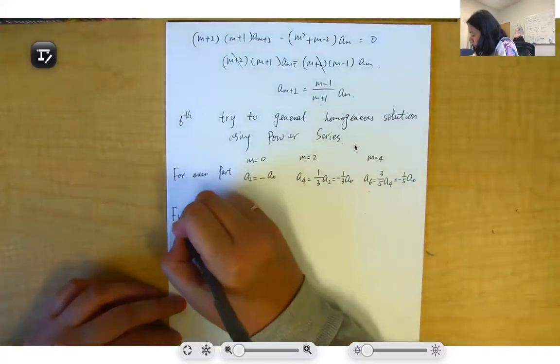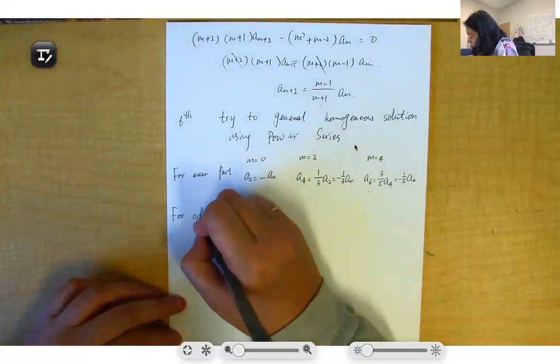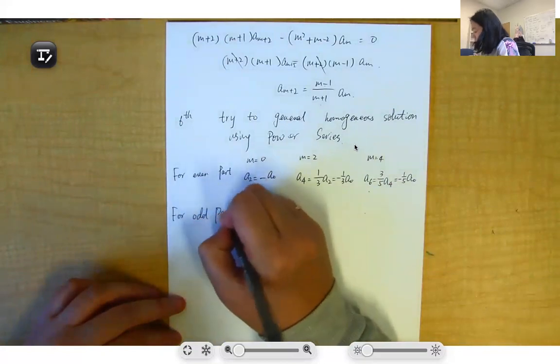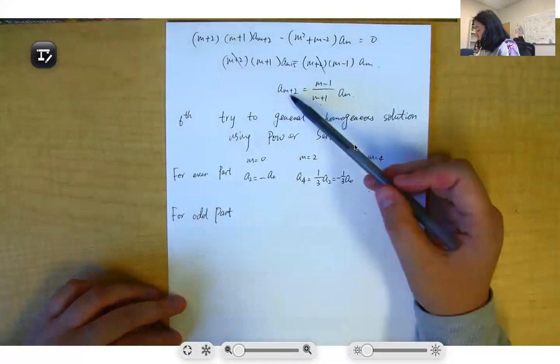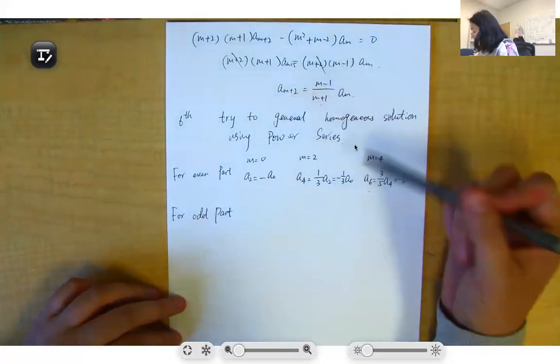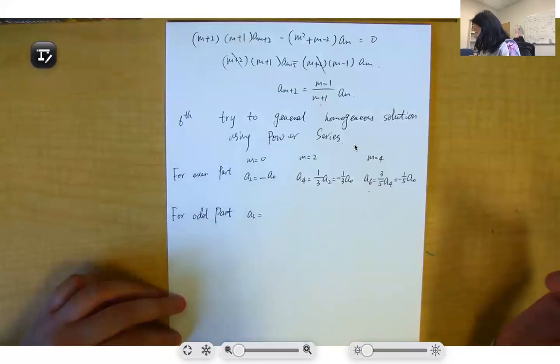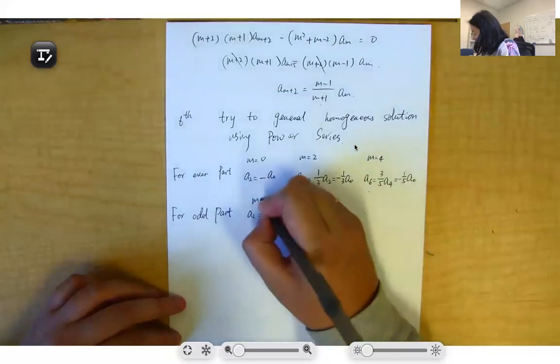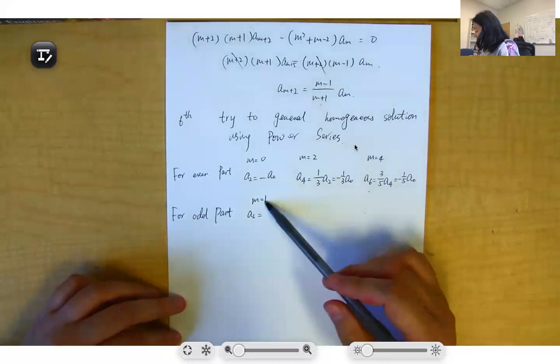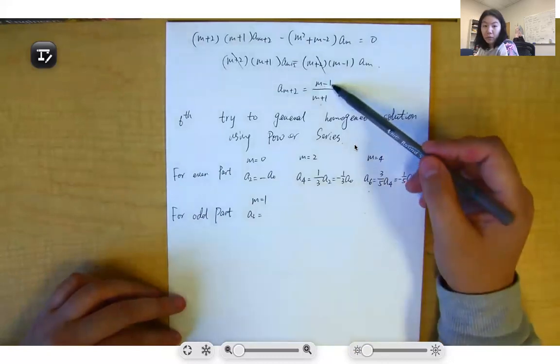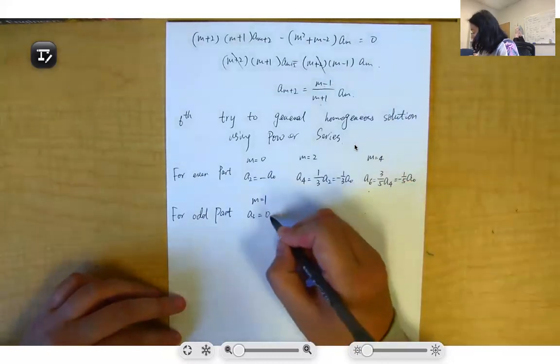Then for the odd part, the smallest number is m equals 1. So a3 equals, with m equals 1, 1 minus 1 equals 0, so it's 0 times a1.